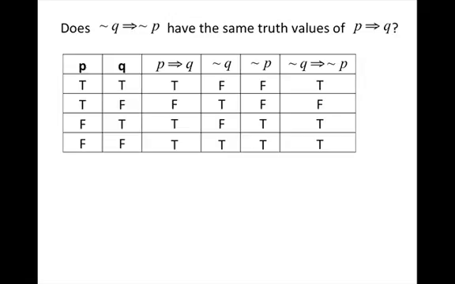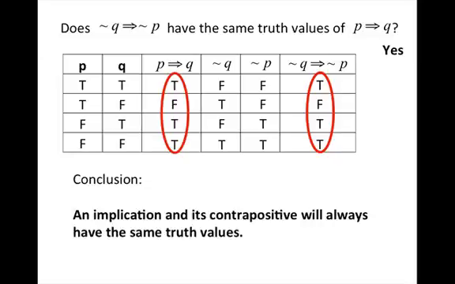So now back to our question, does the contrapositive have the same truth values as the original implication? When I compare these two columns, I see they are the same in every single case. So yes, our conclusion is that an implication and its contrapositive will always have the same truth values.